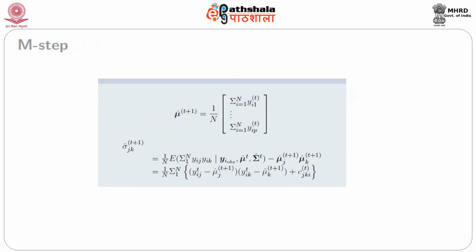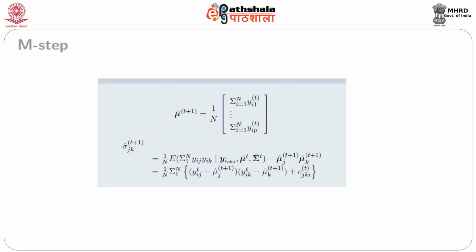So, in the M step what do we have? We have mu hat t plus 1, which is 1 by n summation of the values we obtain from the t-th iteration. Similarly, we can define sigma_jk hat t plus 1, where whatever we observe in the t-th iteration we put in the values.